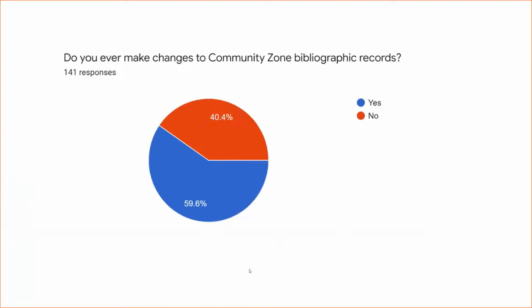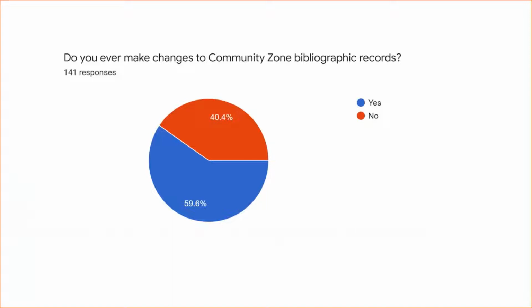The first question we asked was simply whether ALMA users ever make changes to CZ bib records. Out of our 141 respondents, about 60% do occasionally edit CZ bibs, while just about 40% do not. 141 responses is, we thought, a very healthy number, but I would also just mention that at this point there are, I don't even know how many ALMA community users, institutions, perhaps close to 2,000, maybe more.